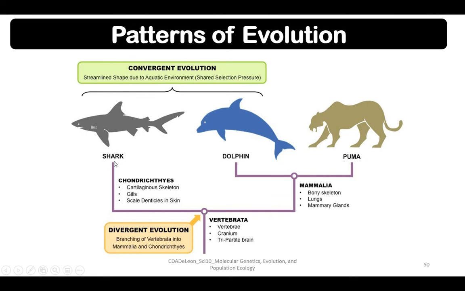We have the shark under the class Chondrichthyes, which has a cartilaginous skeleton, gills, and scales, denticles, and skin. While mammalia naman, with bony skeleton, lungs, and mammary glands. But they both share a common ancestor, which is vertebrata, with vertebrae, cranium, and tripartite brain.